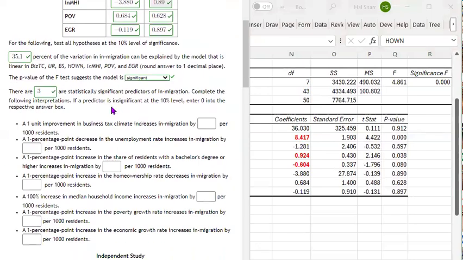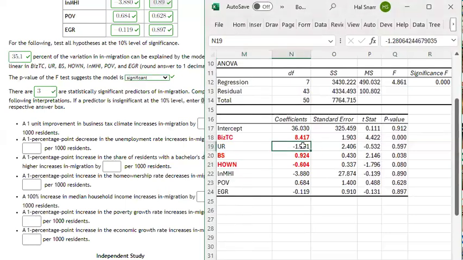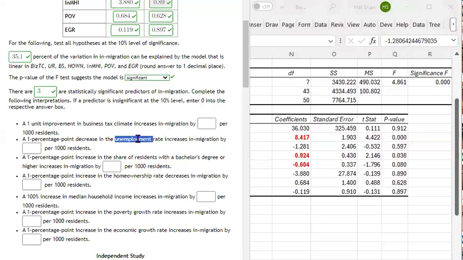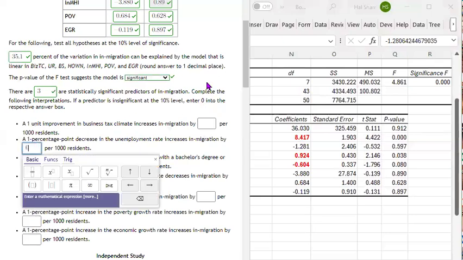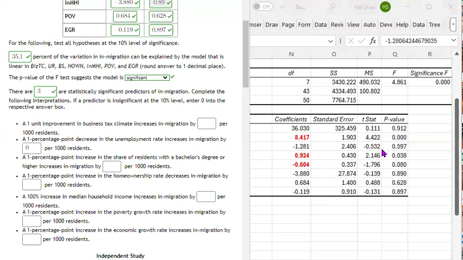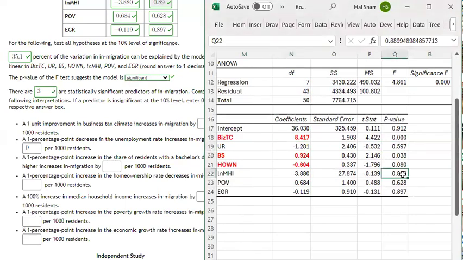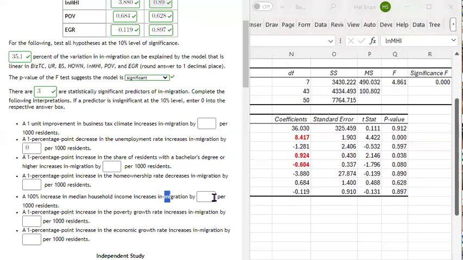Now below, if the predictor is insignificant at the 10% level, we're going to enter 0. So we're going to enter a 0 for the unemployment rate. We're going to change that to 0 because it's insignificant at the 10% level. We're going to do the same for the log of median household income, 0.